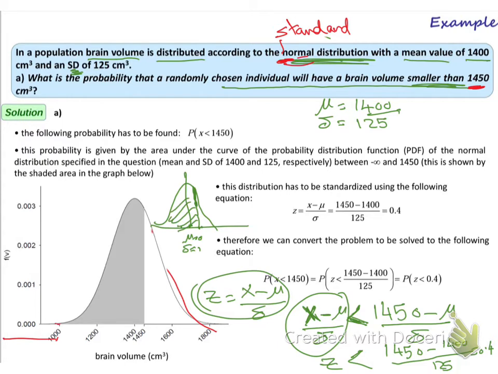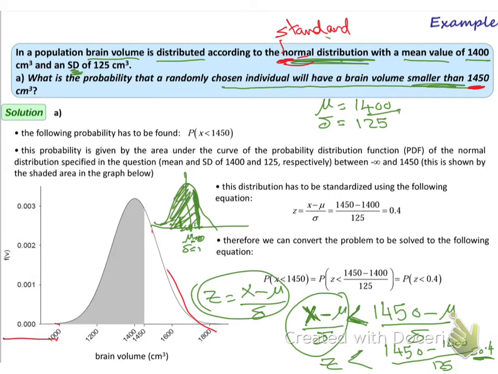Don't get confused and say that because 0.4 is less than 1, I put it on the other side. No, here mu equals 0. Anything positive should be on the right side, and anything negative should be on the left side. So 0.4 is positive, and the area goes up to here.